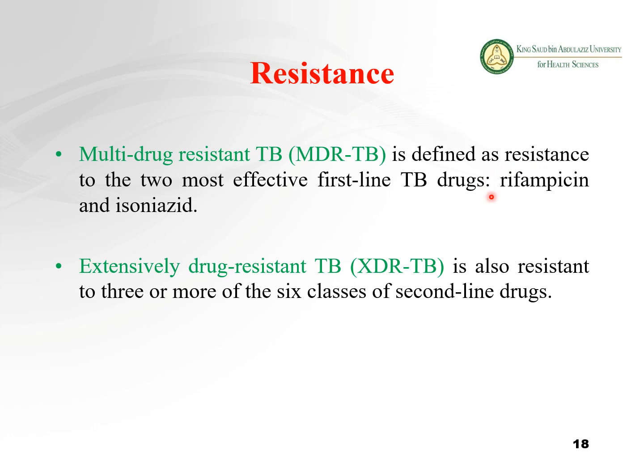So if the mycobacterium evolves resistance to these first two drugs, then this type of tuberculosis is called multi-drug resistant tuberculosis. In some cases, the resistance spreads to 3 or more of the 6 classes of second line drugs. Then it is called extensively drug resistant tuberculosis.